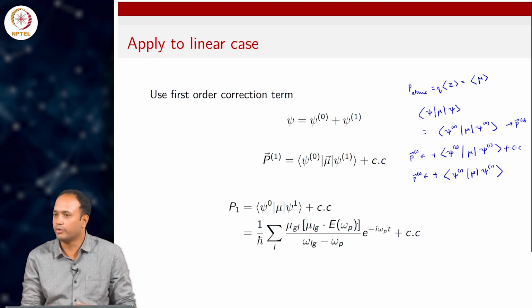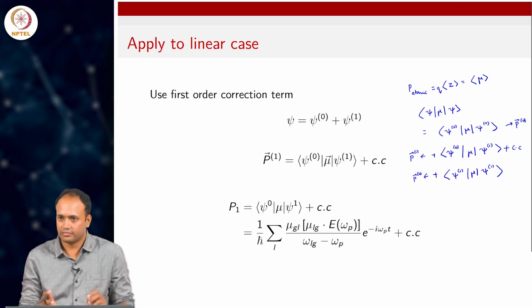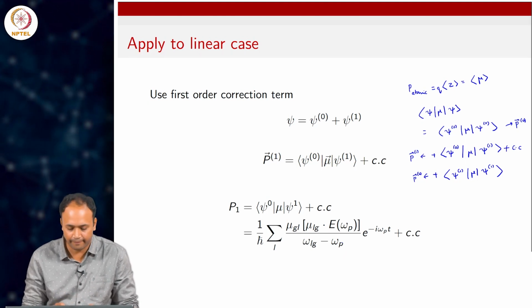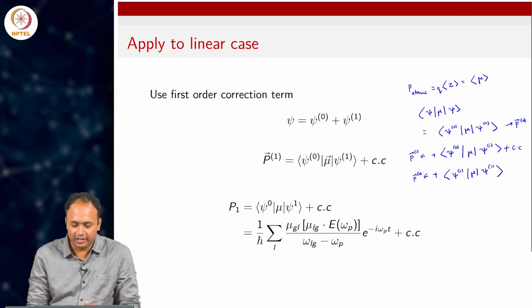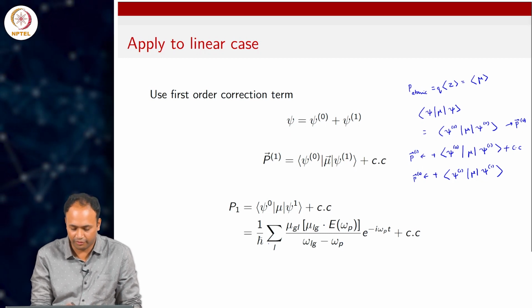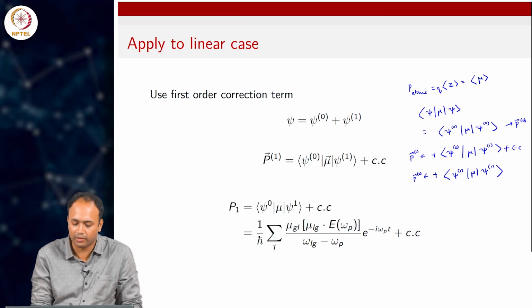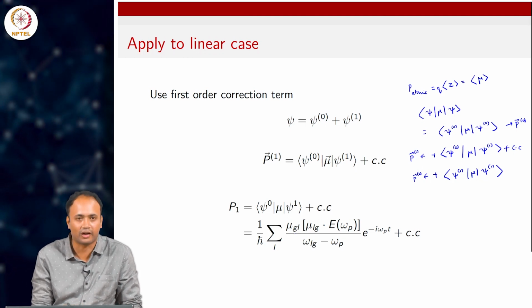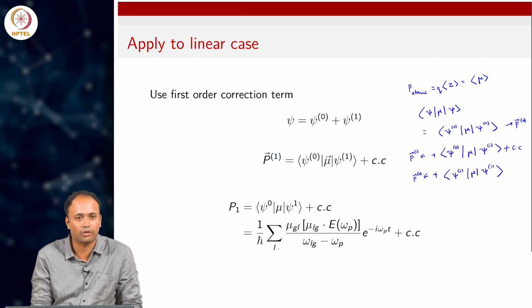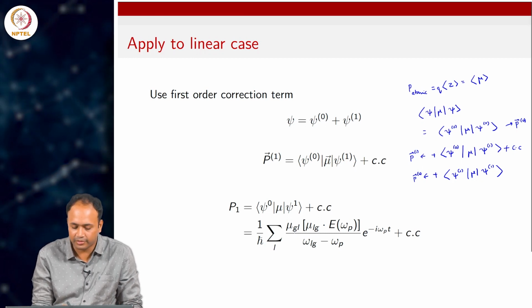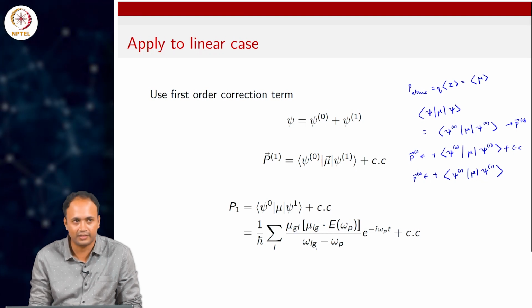Now, let us say you compute this expectation value. We do not do all that work, we take the formula here just for this lecture. So, let us say you compute this, what you get is the following. Let us understand this expression. You have a summation over L, you start with some ground state, you have a summation over all possible states L, you have these two expectation values, mu GL times mu LG.